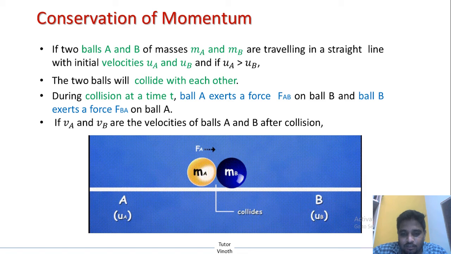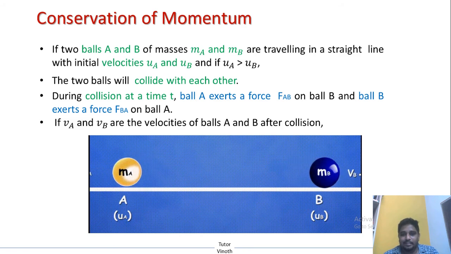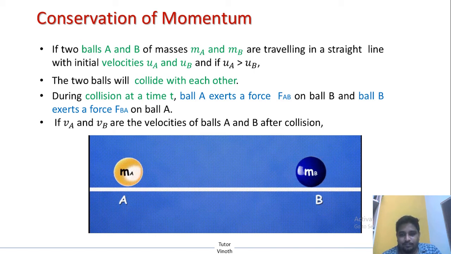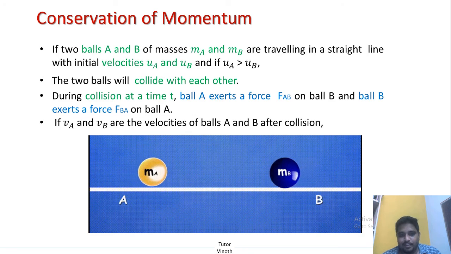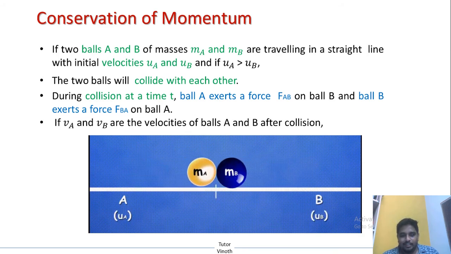This is the law of conservation of momentum. Then ball A and ball B move backwards. Initially the two balls are going in the forward direction, and after hitting, balls A and B go in the opposite direction.